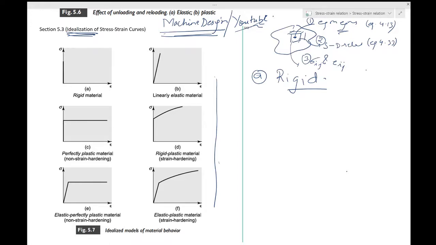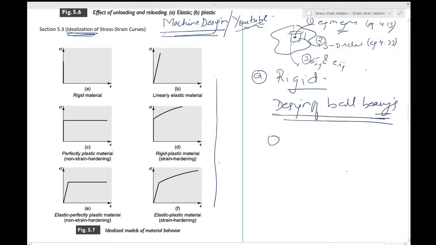This idealization is useful in studying the gross motions and forces on machine parts to provide for adequate power and for resistance to wear. For example, I don't know if you will actually study the design of ball bearings. In this one you don't really assume that these spheres will undergo any deformation.